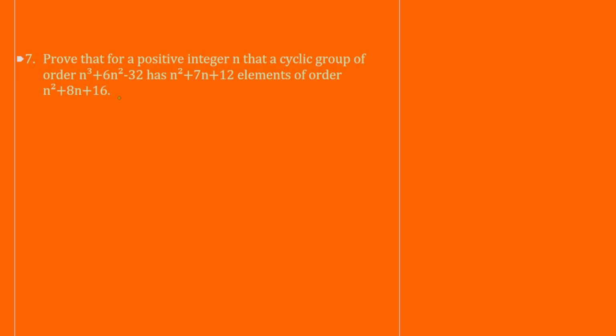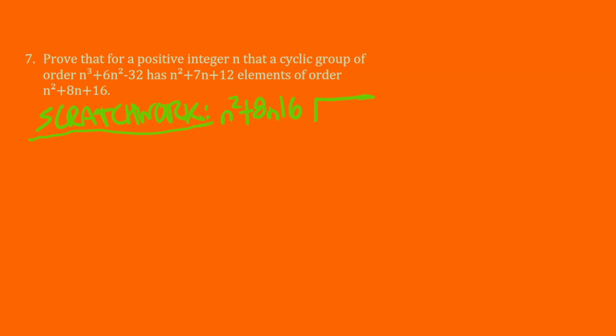So let's start by doing some scratch work. Let's show that this polynomial divides this one. Of course, we'll have to add a 0 in because we don't have an n term.